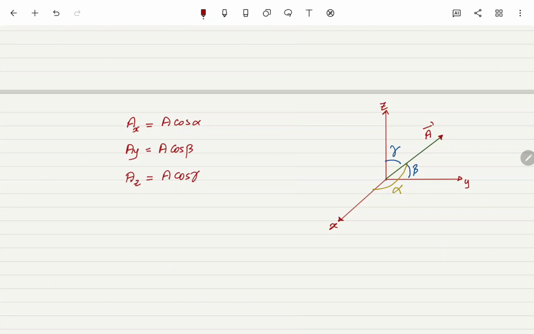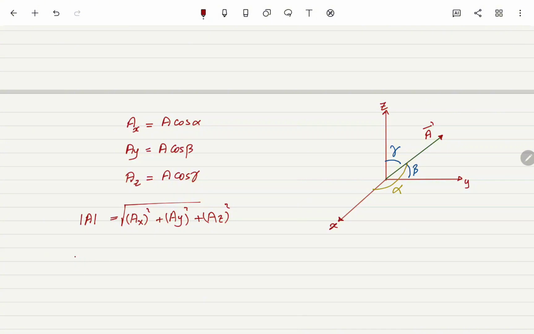And the magnitude of vector A is the square root of AX squared plus AY squared plus AZ squared.